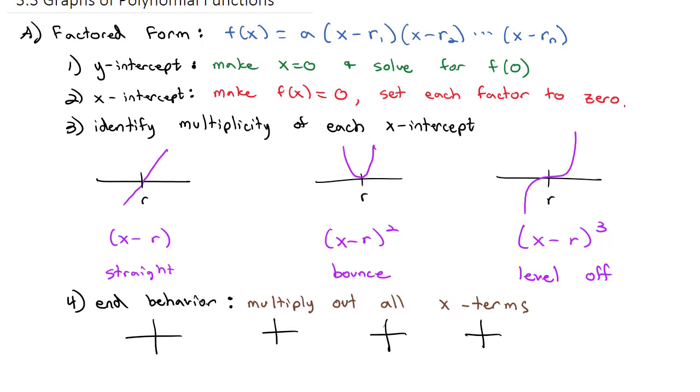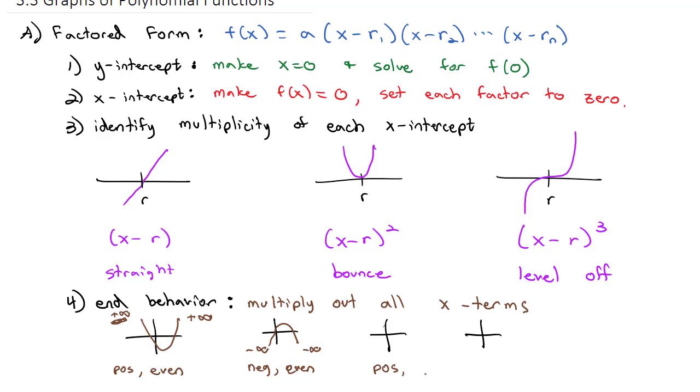If you've got a positive and an even exponent, it's going to go off to positive infinity on both the right and the left side. If the term is negative and it's got an even power, then it's just the opposite. It goes off to negative infinity on both the left and right side.